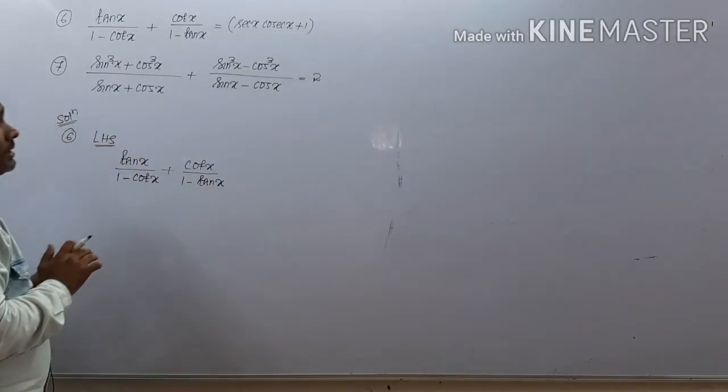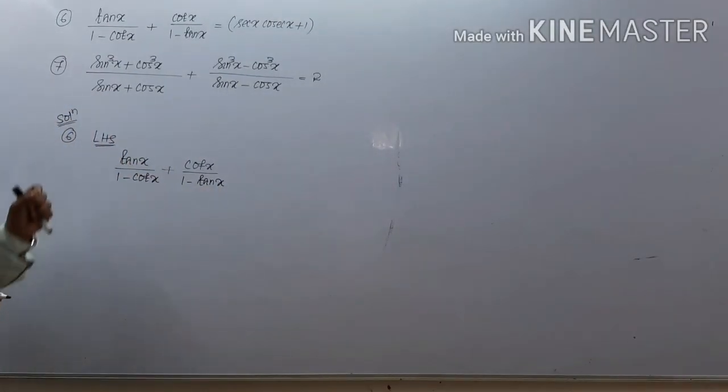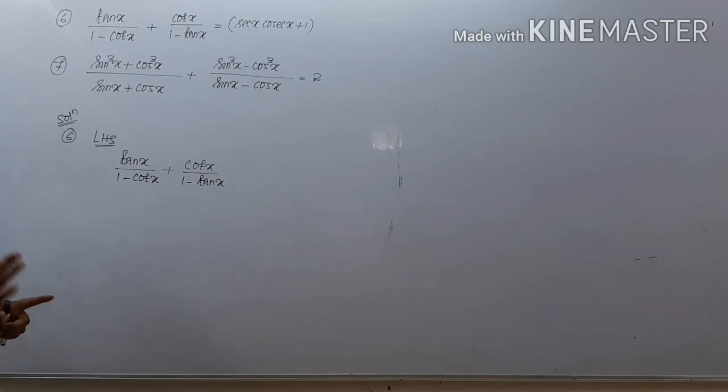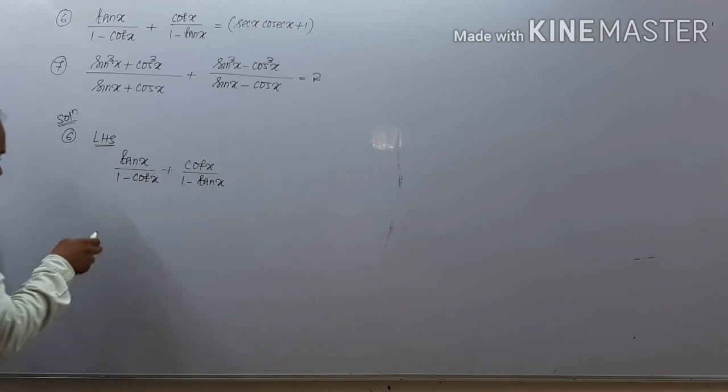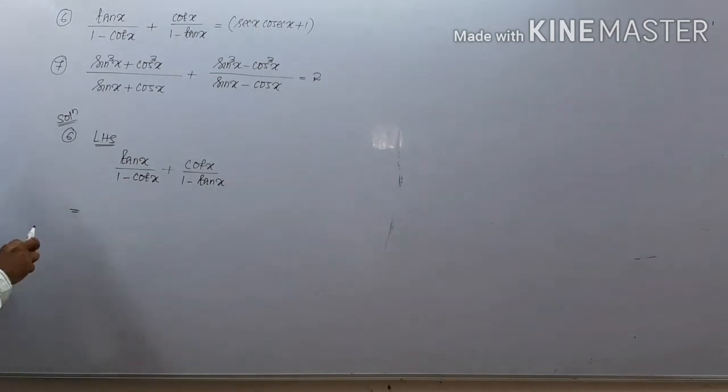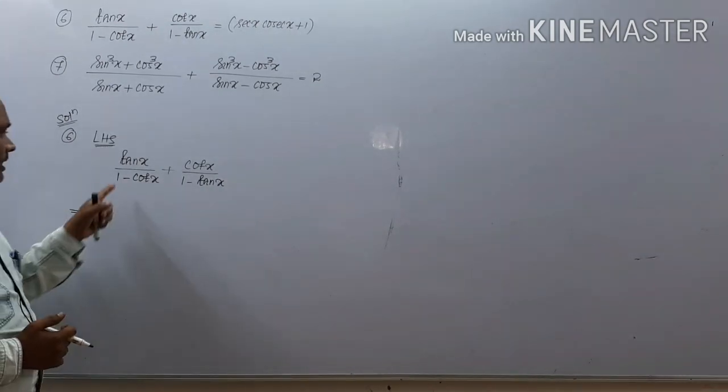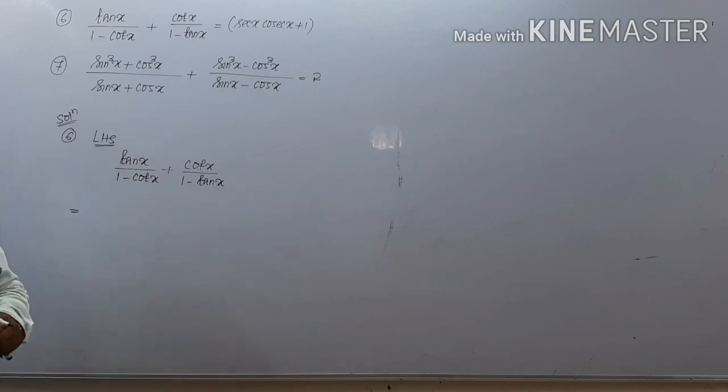So our requirement is, we have to find sec x multiplied to cosec x plus 1. This is our requirement. So what I will do here, I will convert each and every term in the form of sin cos.